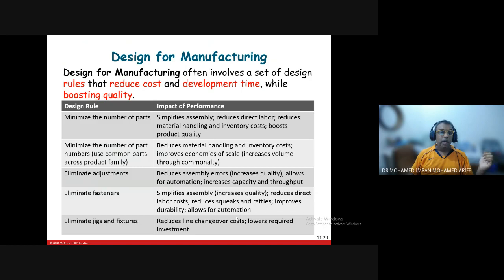And you are also looking at design for manufacturing. Once you have finished all the development, the issues of designing, now you want to design the actual product. You can use certain rules, but most importantly, you want to reduce the cost and development time, because designing can take a lot of time, while also increasing quality.